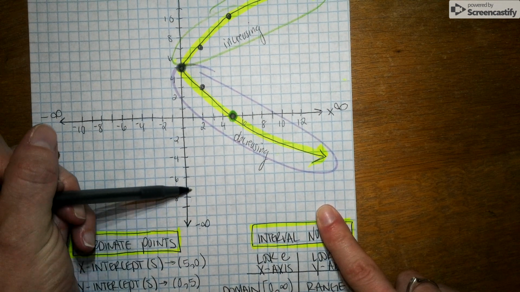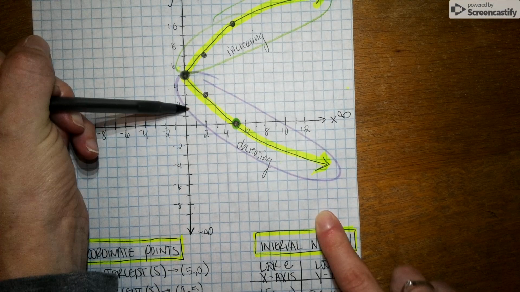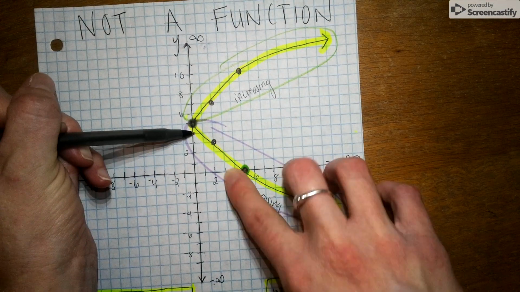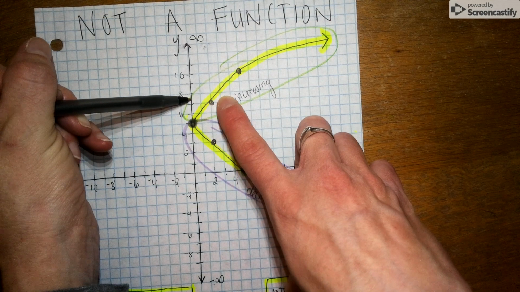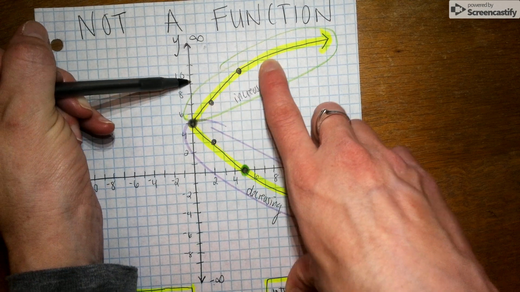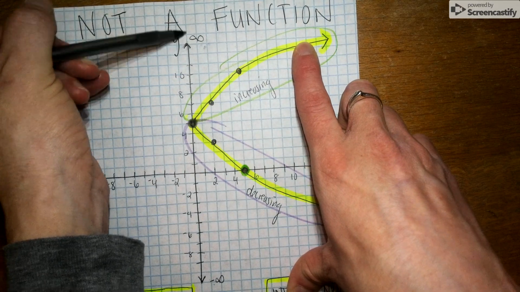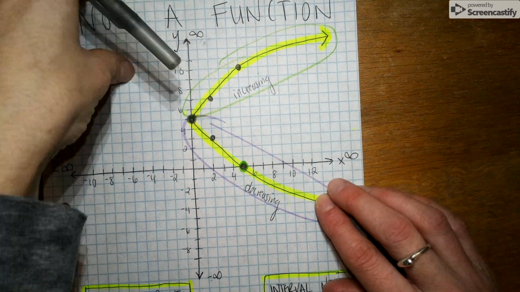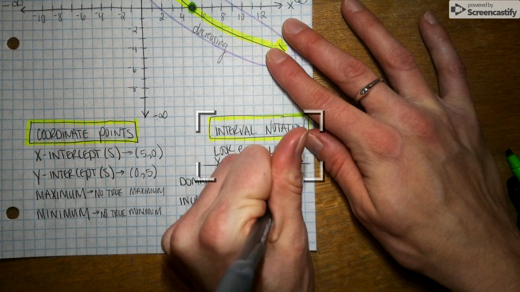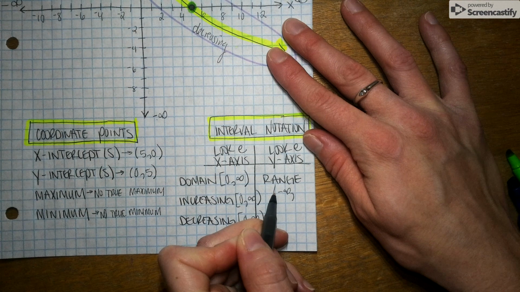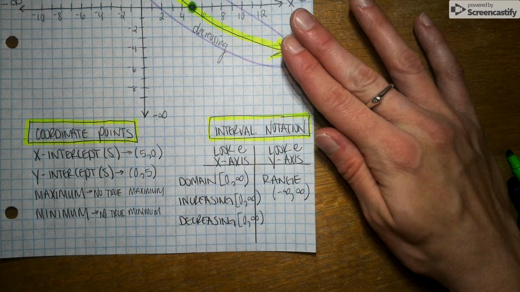And as I travel up the elevator on the y-axis, I can see that my graph is going to then continue as it switches into an increasing part of my graph. It's also going to continue on and on and on forever as I move up on the y-axis to positive infinity. Therefore, my range spans from negative infinity with a parenthesis to positive infinity with a parenthesis.